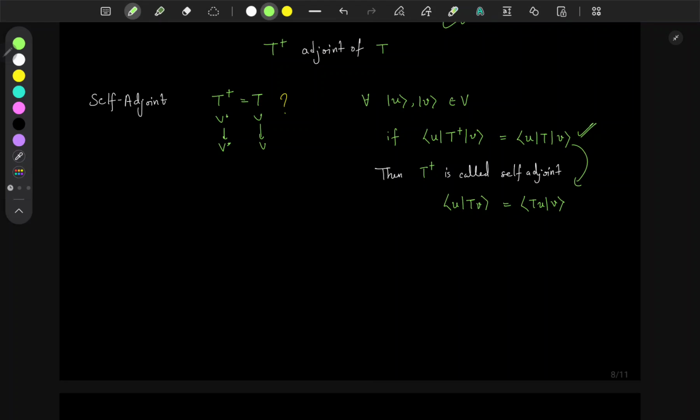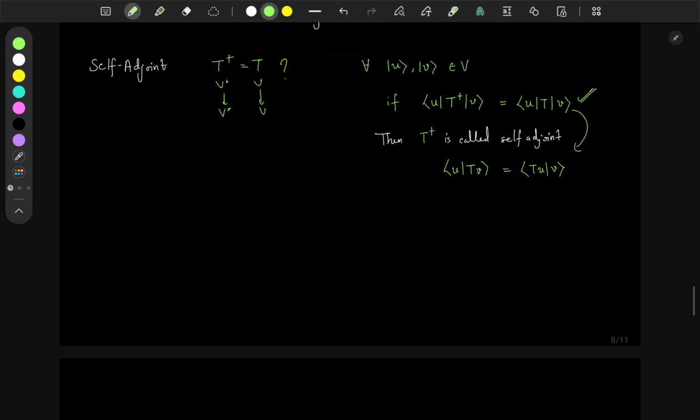Now when you write the matrix corresponding to this operator, as you know, all linear maps can be written as a matrix. I'm denoting the matrix corresponding to the T operator as square bracket of T, and this is the matrix corresponding to the T dagger operator.